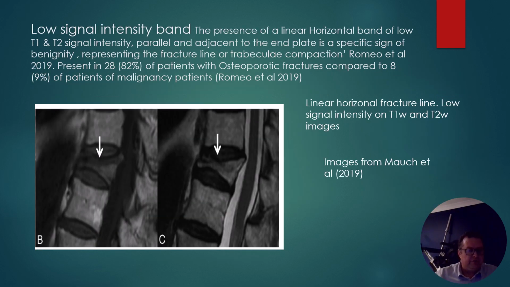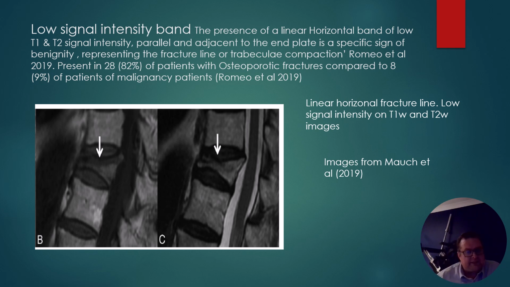The other thing we look for is a low signal intensity band, and there is a nice picture there. That is a low signal intensity on T1 and T2, and it's parallel with the end plate.